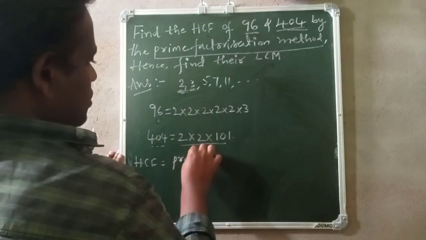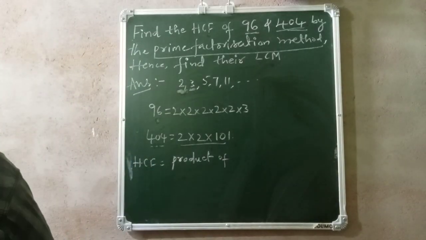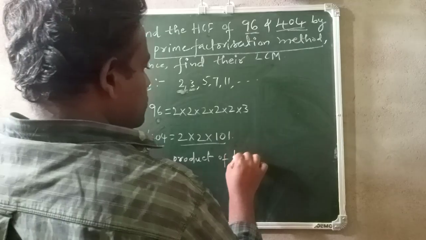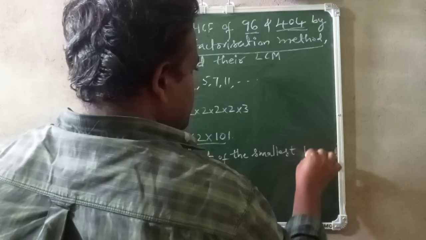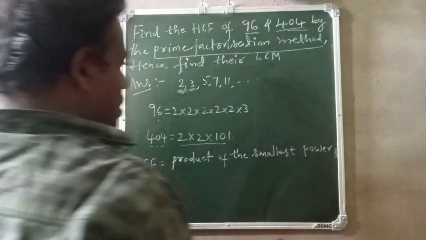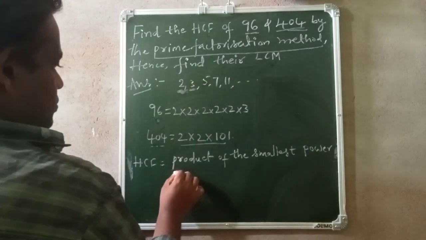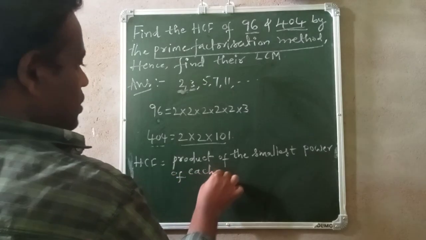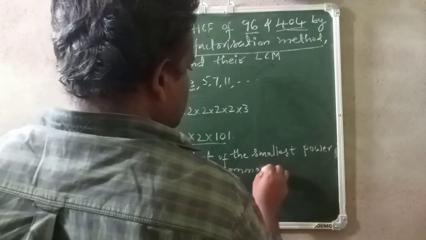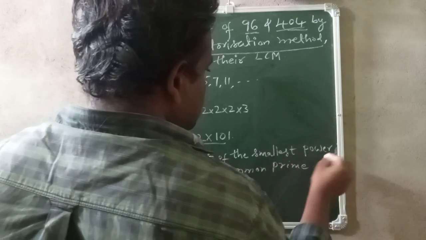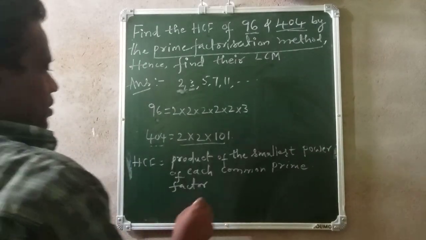So this is the definition: product of the smallest power of each common prime factor in the numbers.